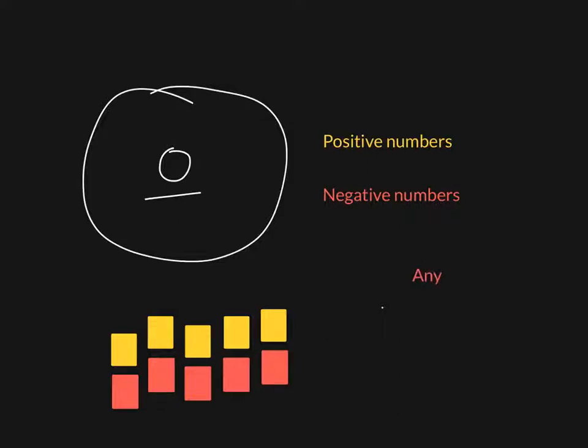So any time you add opposites, your sum is 0.